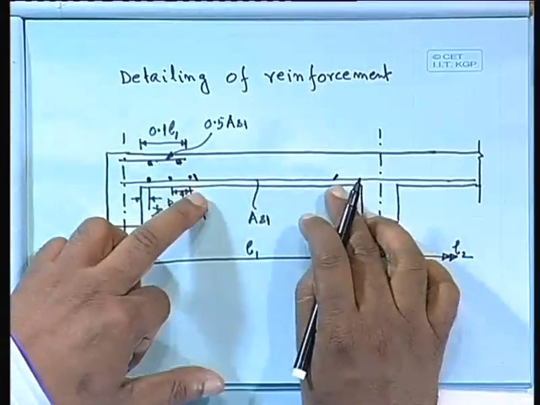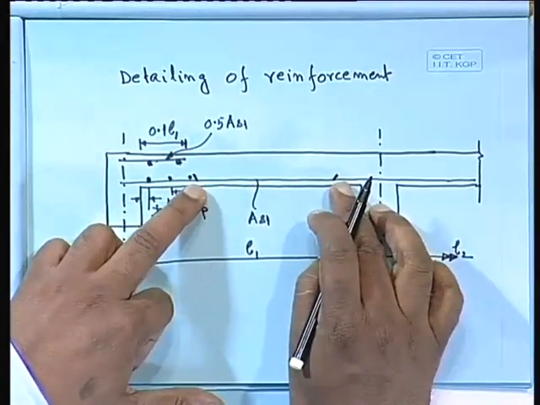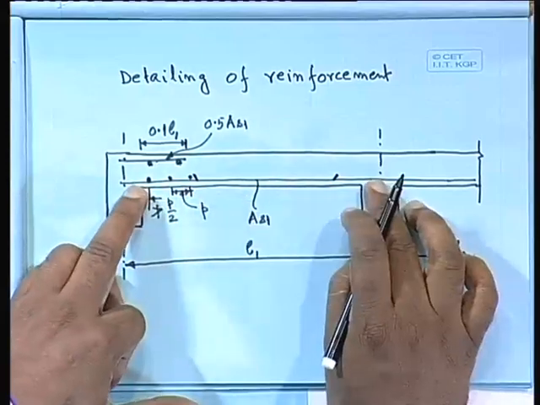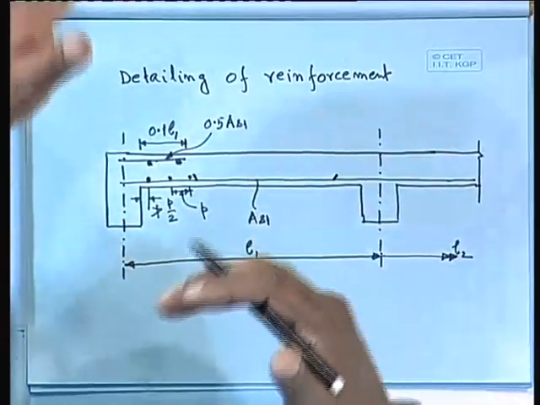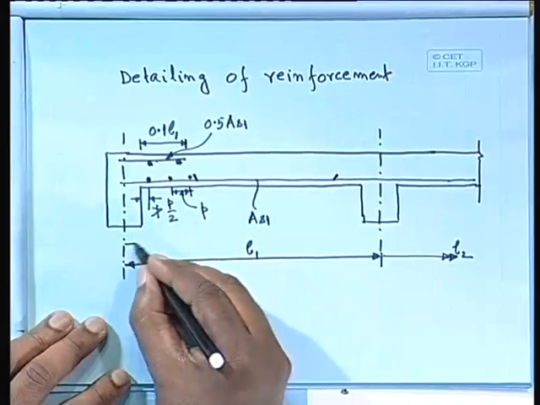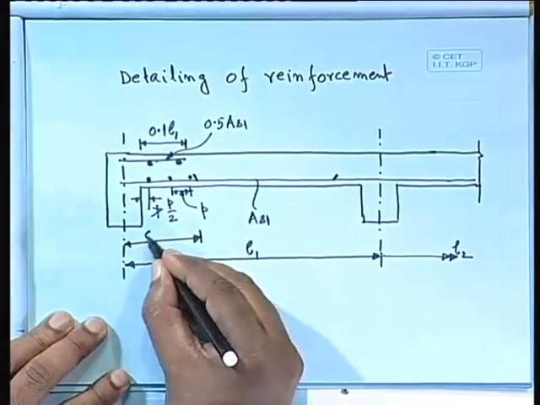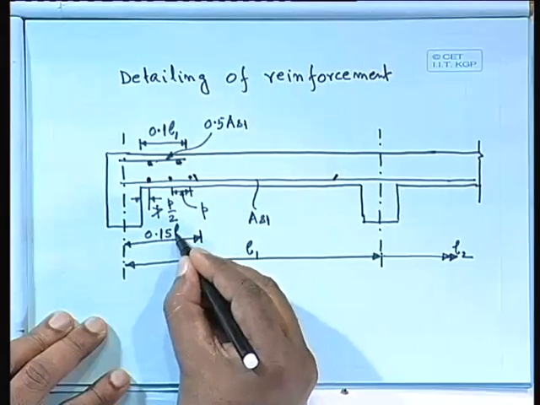These are the bars we are specifying here, that means we can say here 1 bar this length, the other bar will go, so that way alternate we can provide the bars. So, what about this length? That length, where we shall curtail it, from the central line it comes 0.15 L1.